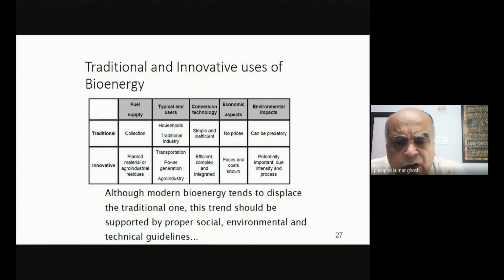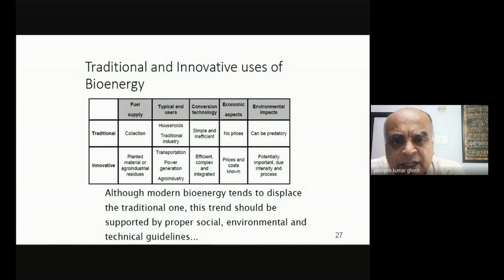When people started talking about bioenergy, they talked as if there was no use of bioenergy before, and they named whatever they were capable of doing, like taking sugar and fermenting to ethanol, the first generation technology, G1 technology.